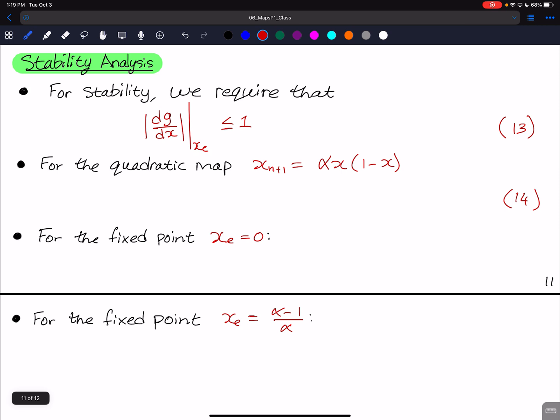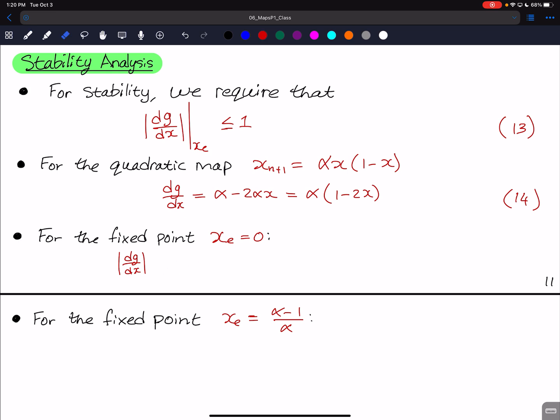We're going to start by computing the derivative dg over dx. And then this is simply alpha minus 2 alpha x, or you can write this as alpha times 1 minus 2x. Okay, so then we're going to take the magnitude of that, and this should be less than or equal to 1, and it's going to be equal to the magnitude of alpha.